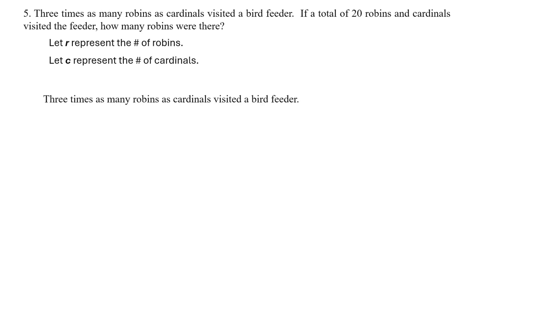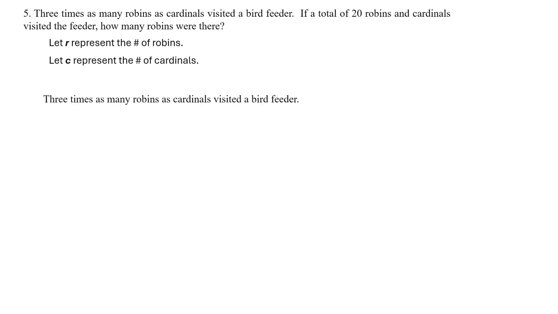3 times as many robins as cardinals visited a bird feeder. If a total number of 20 robins and cardinals visited the feeder, how many robins were there? So we'll make our declarations. R will represent the number of robins, and C will represent the number of cardinals.